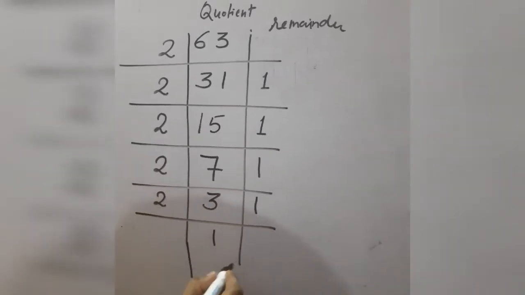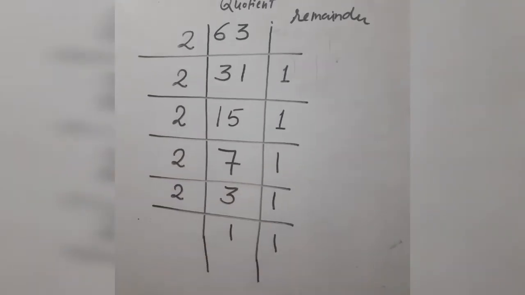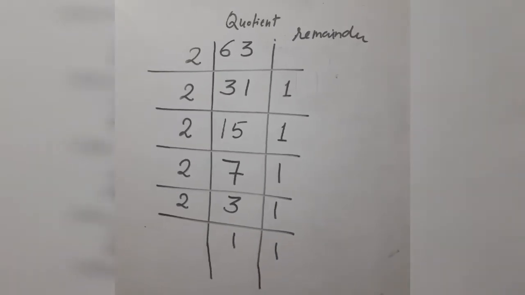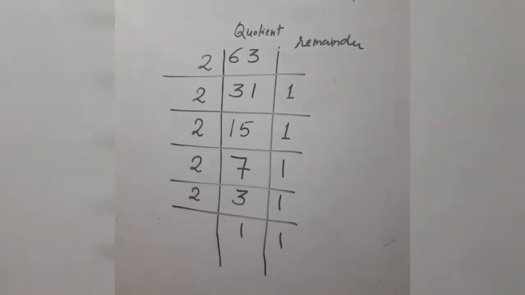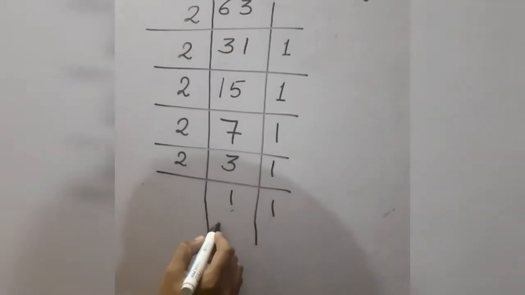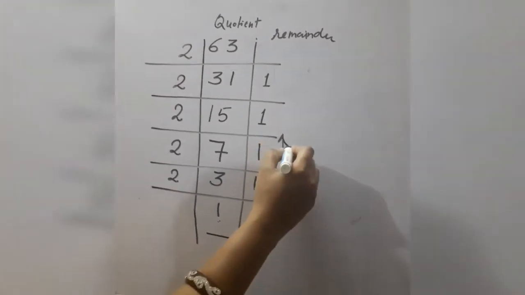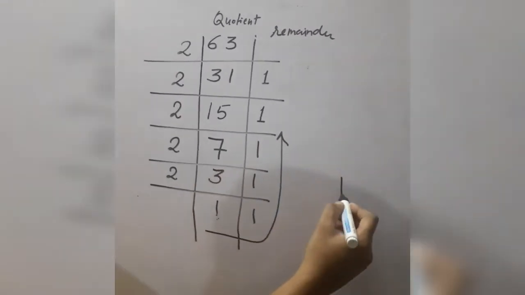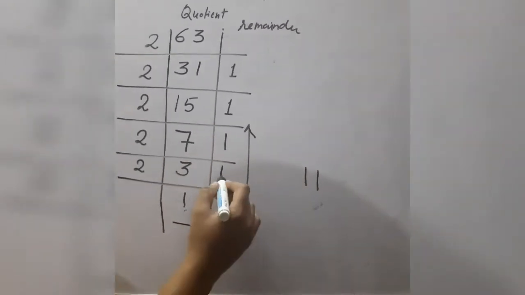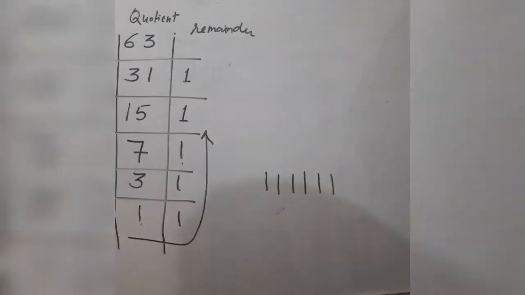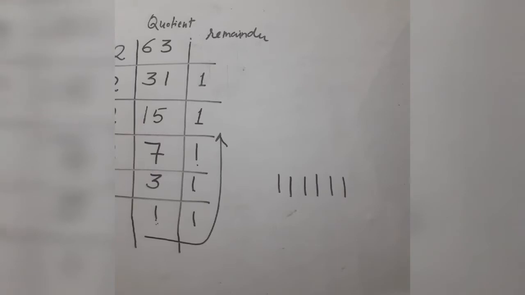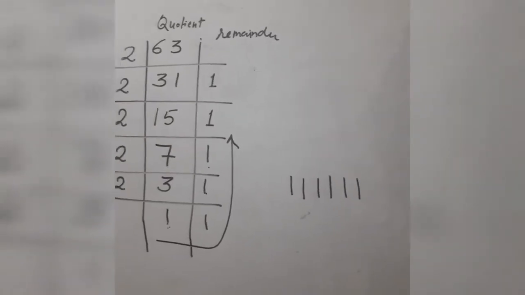Now quotient is 1 and remainder is also 1. Now you will write down these remainders in reverse form. You will start from here and write in this way. You will start from this 1, then after that this 1, and 4 more ones are here. This is the value of 63 in the binary number system.